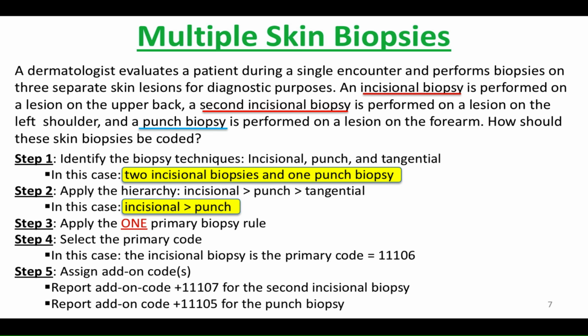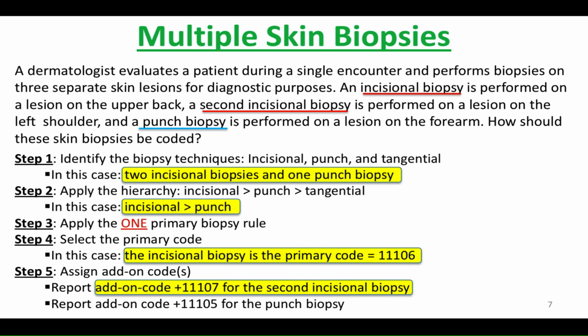Now, select the primary code. Because an incisional biopsy was performed, 11106 is reported as the primary biopsy code. Finally, assign the add-on codes. The second incisional biopsy is reported with add-on code 11107, and the punch biopsy is also reported with add-on code 11105.